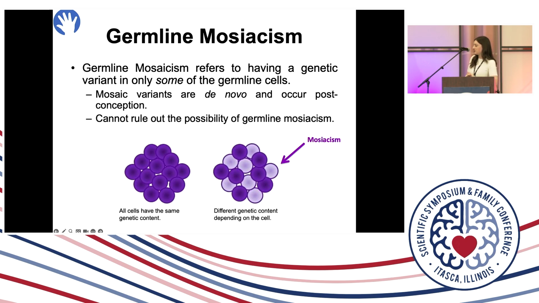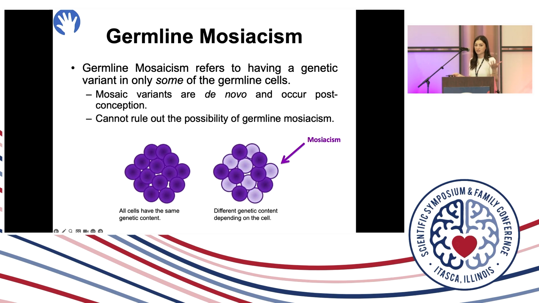is because of a phenomenon called germline mosaicism. So mosaicism refers to an individual having two or more cell lines within their body that all have different genetic content or different genetic changes. And so if we're looking at these cells on the left, you can see that all of them are dark purple.